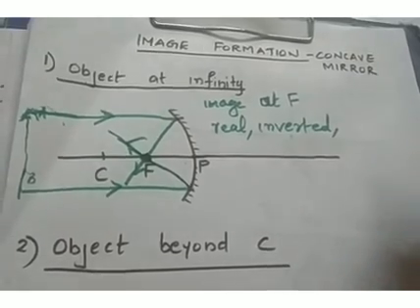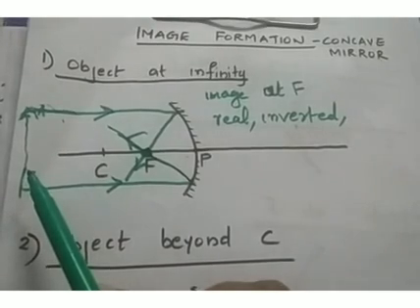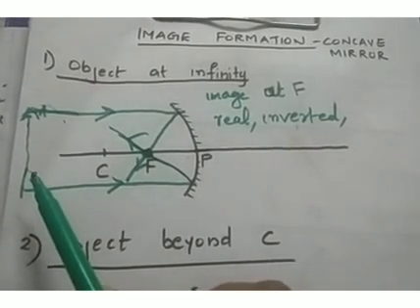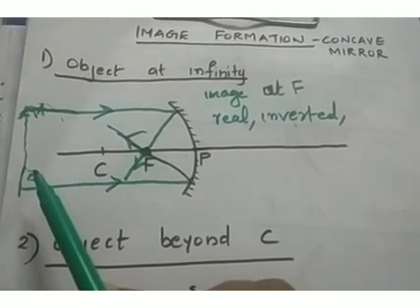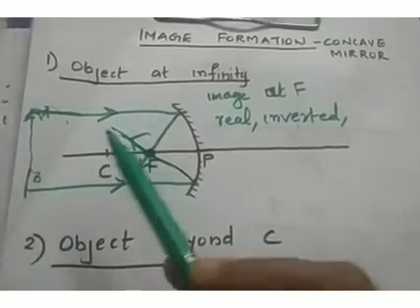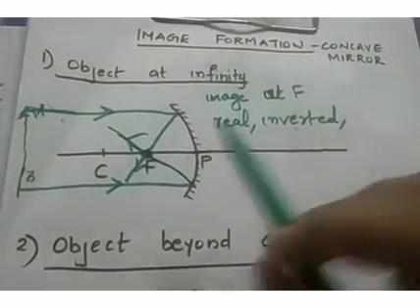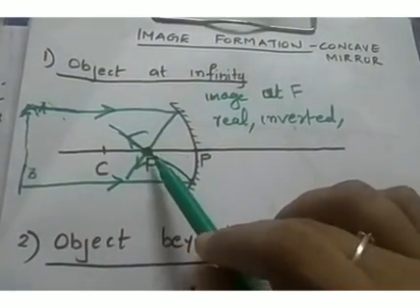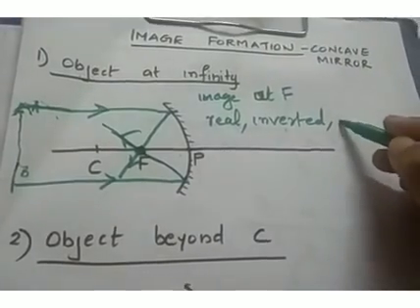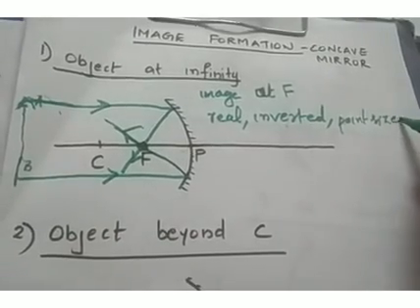Is it big or small compared with the object? You know, whenever the object is at infinity it will be a bigger one. Example for an object at infinity is the sun, and you know how big the sun is. So any object at infinity will be a magnified one. So compared with the object, image is very, very small. It's a point sized image, highly diminished.